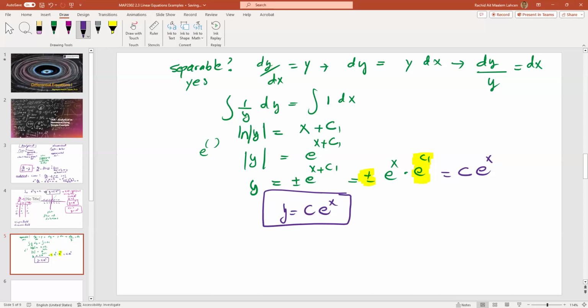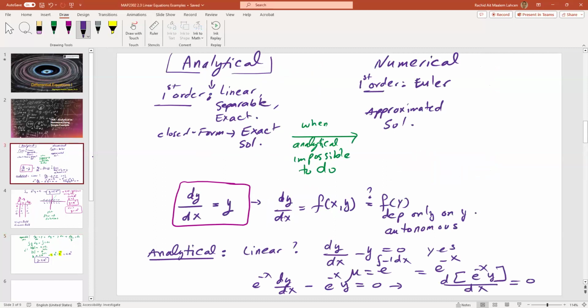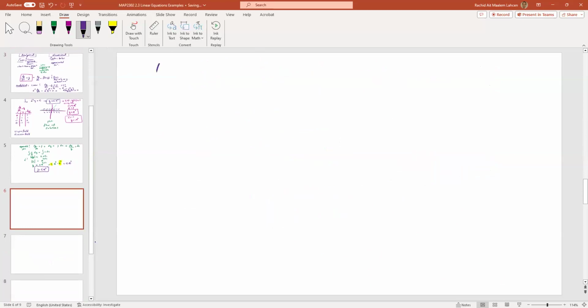All right, so now that we know how the analytical solution works and the profile, we can connect this with numerical. And for numerical, since now you've seen the approximation method of Euler, we will use that.